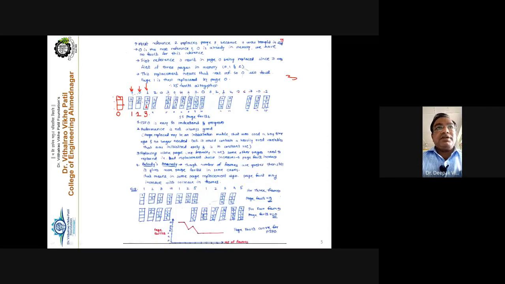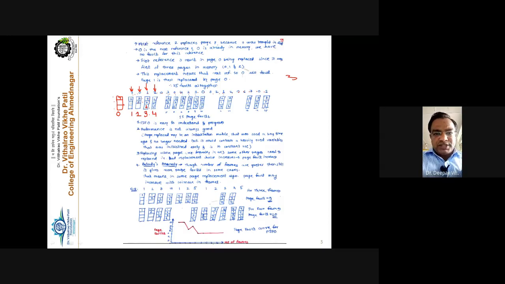The next step, the reference is made to page number 2. Page number 2 is not available in the main memory, so page fault occurs in the system. See carefully, all three frames are currently occupied, 7, 0 and 1. So out of 7, 0 and 1, which page are you going to replace?